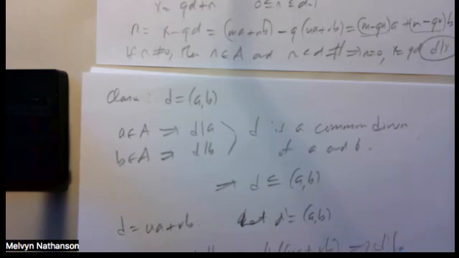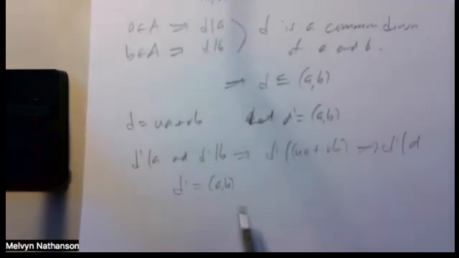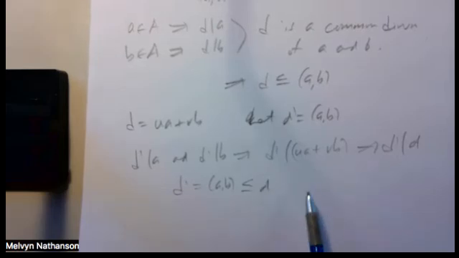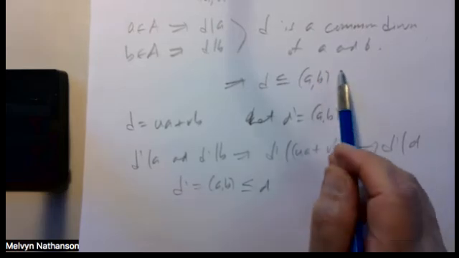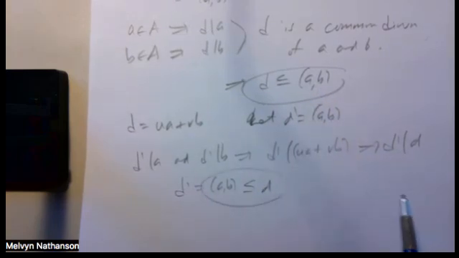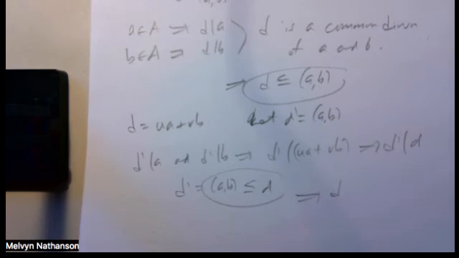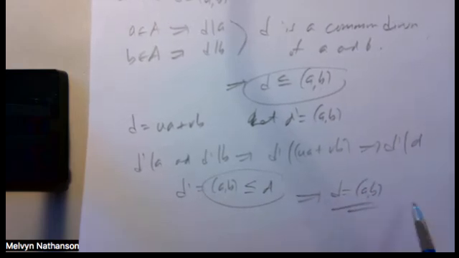So D prime divides D. Any common divisor of a and b divides D. So D prime, which is the gcd of a and b, is less than or equal to D. So I have D is less than or equal to the greatest common divisor, and the greatest common divisor is less than or equal to D. And the only time you have two numbers and each is less than or equal to the other means they're equal. And that's the proof.